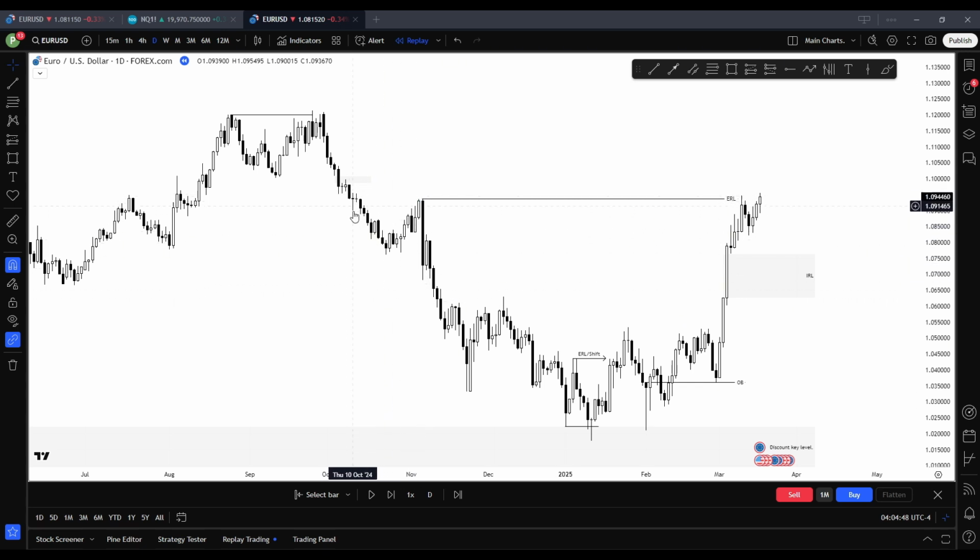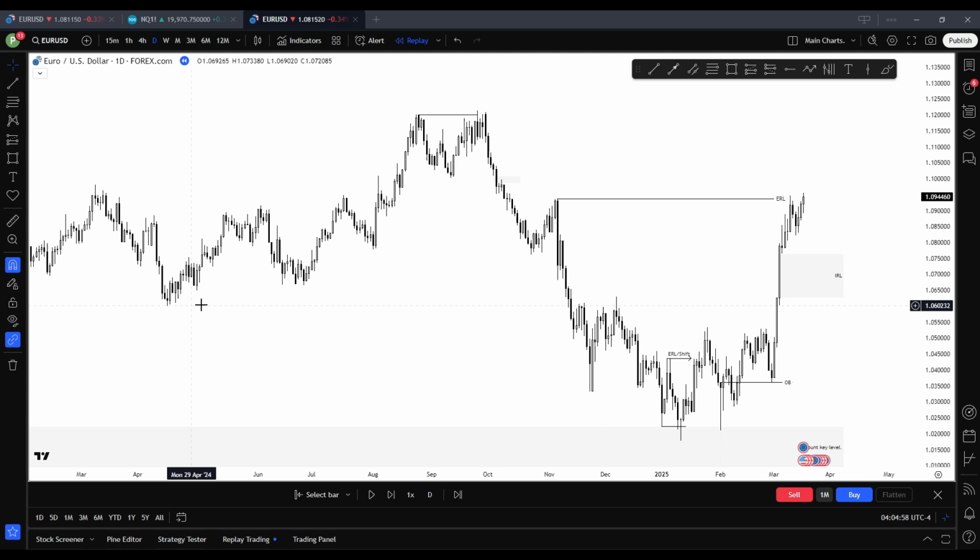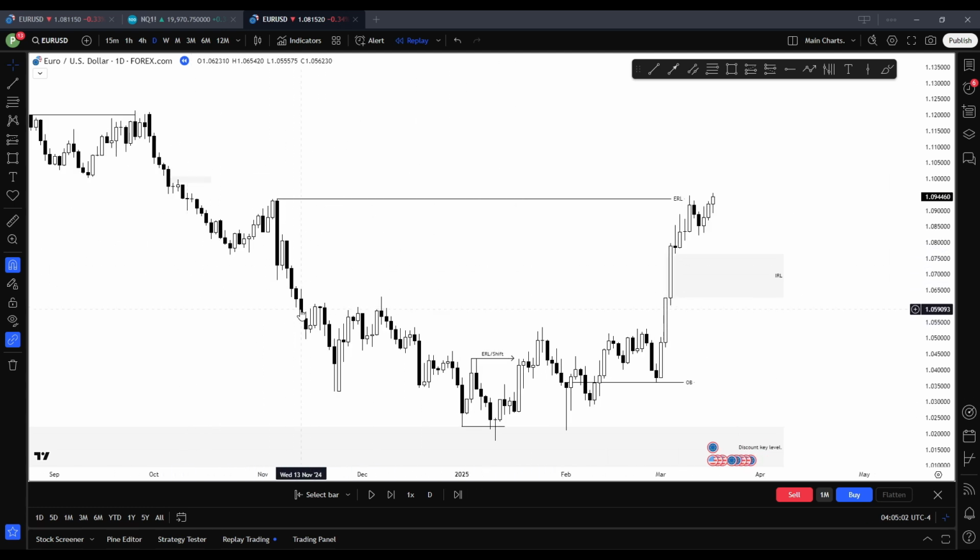And once we filled and tested this FVG, this IRL, after taking out this ERL, only then we started moving lower and took out another ERL in the form of these lows. And then again, we retraced back and filled this IRL, and we kept moving lower in that sort of fashion of taking out ERL, then filling IRL, and then again taking out ERL, right?